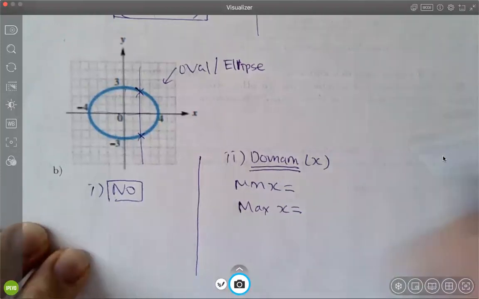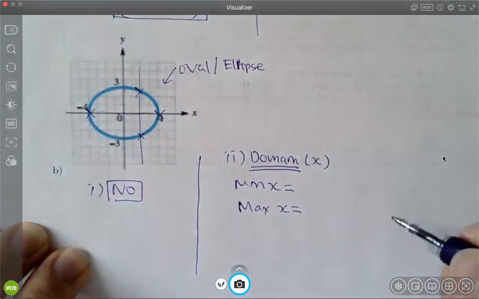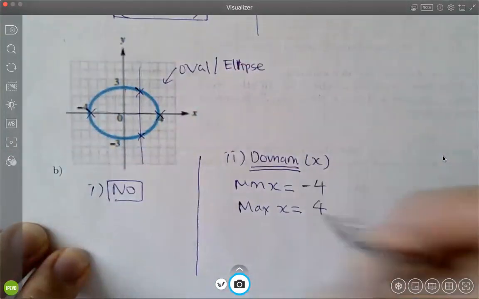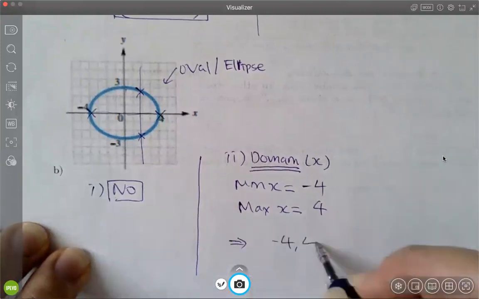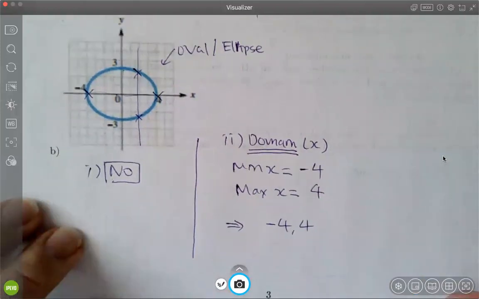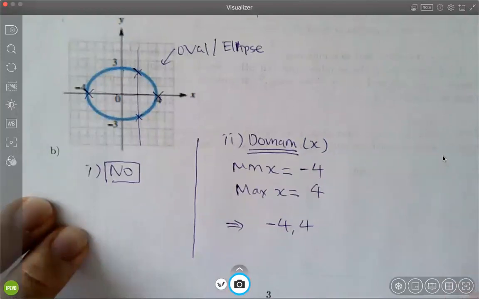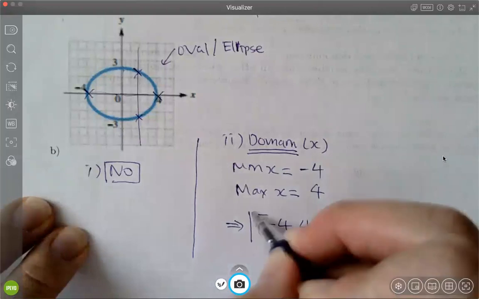Yeah, because those are the smallest and the largest x values on the graph. Okay, so now the interval notation is -4, 4. Now, what's the symbol around these two numbers? Bracket. All brackets, right? Yes, because both values are part of the graph.